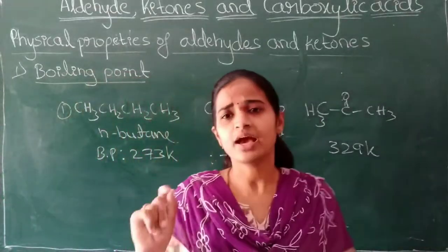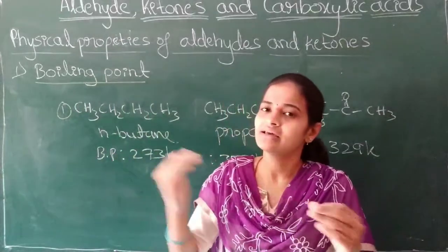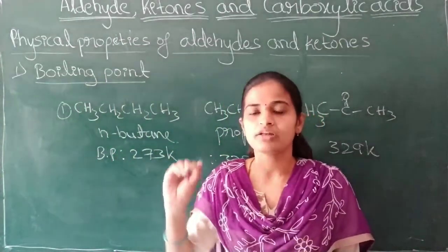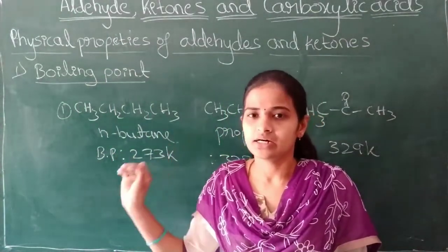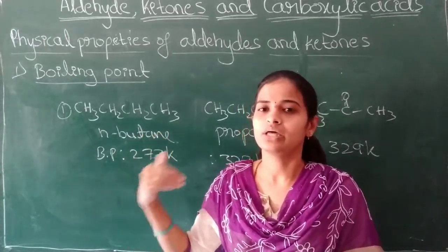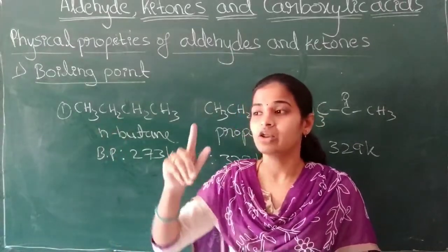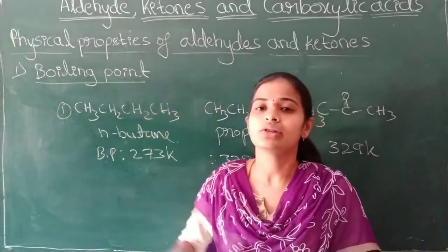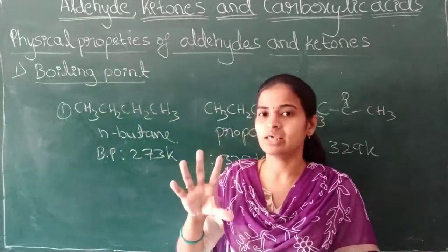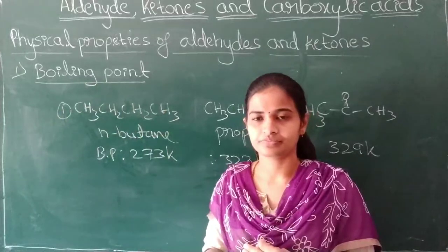But when we compare the boiling point of the aldehydes and ketones with the alcohols, it is lower. The boiling point of the aldehydes and ketones is lower compared to the respective alcohols, because in case of alcohols there is intermolecular hydrogen bonding between each molecule as well as with the water molecule.